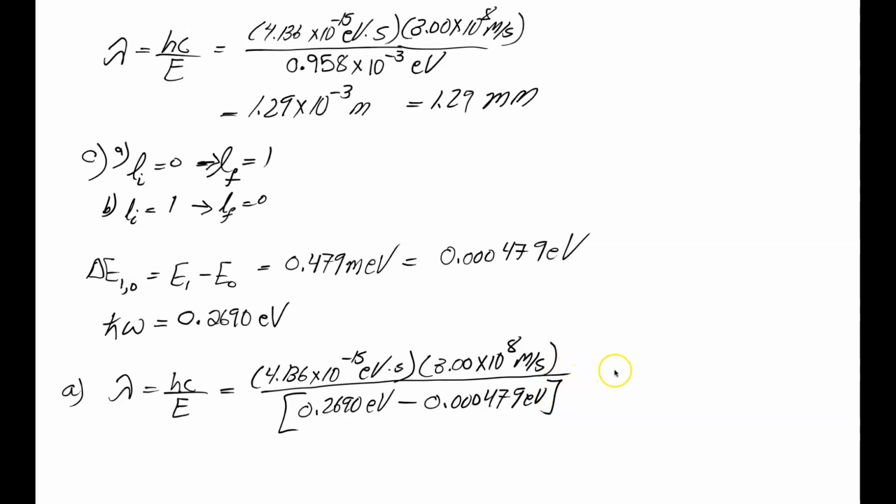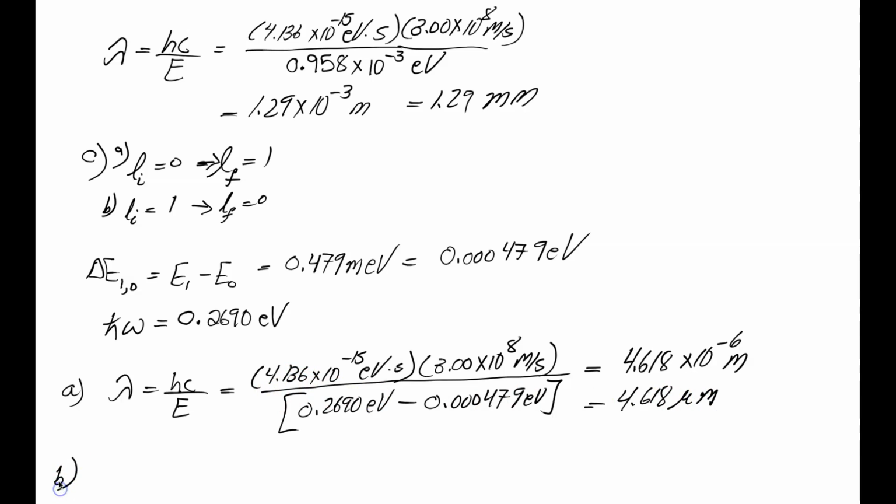And if we do that, we get a wavelength of 4.618 times 10 to the minus 6 meters, or 4.618 micrometers.